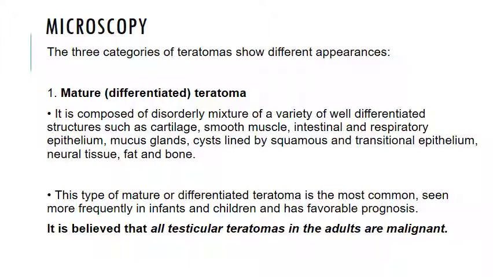Coming to mature teratomas, it consists of derivatives of all three layers, that is either cartilage, smooth muscle from the mesoderm, or various epithelia like squamous epithelium, respiratory epithelium, intestinal epithelium or neuroepithelium from ecto and endoderms, but all are in full mature form.